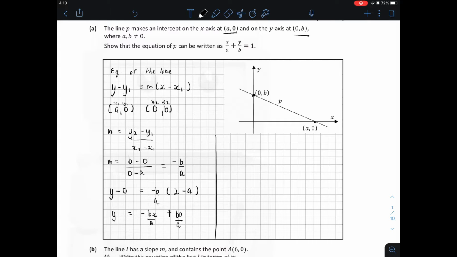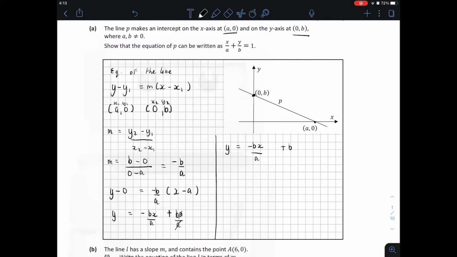Let's continue simplifying. In my third term, I have an a on the top and the bottom, so I can cancel these a's, which leaves me with y equals minus bx over a plus b.